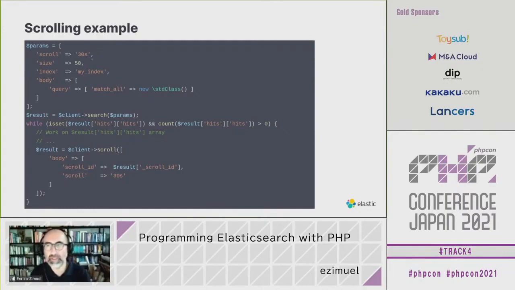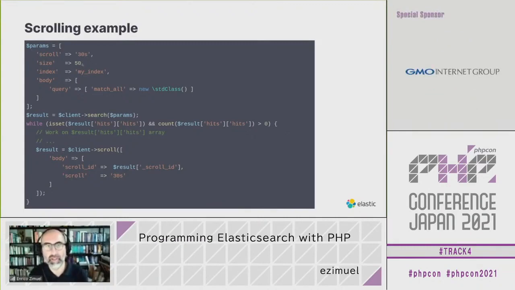That is the time the snapshot will live from one search to another, so 30 seconds. And the size of the information: we want to have 50 documents per page. So in each response, there will be 50 documents. And you have to, of course, provide a query.